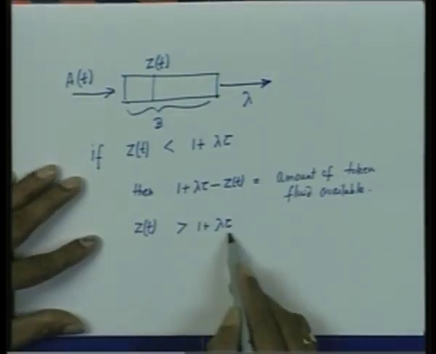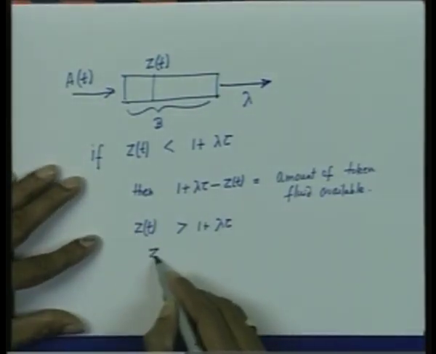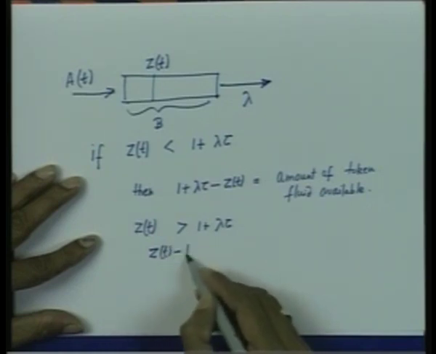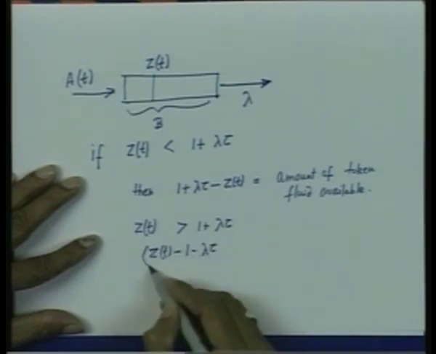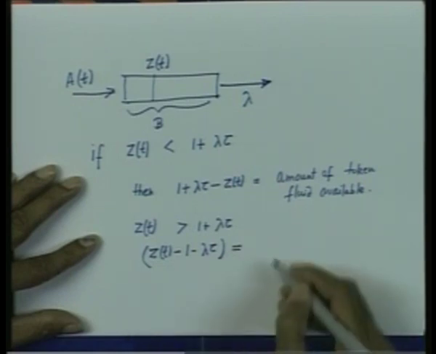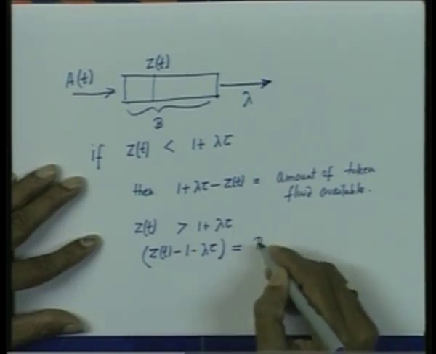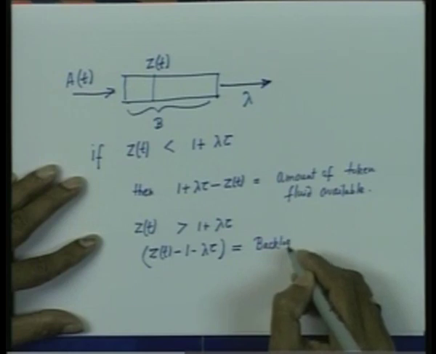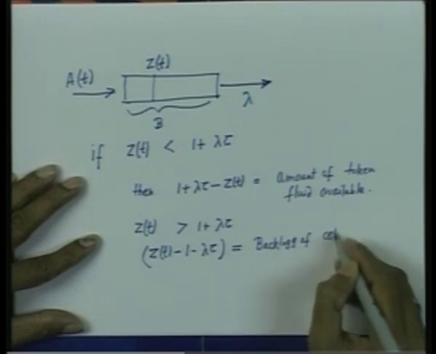Therefore when Z(t) is greater than 1 plus lambda tau, obviously Z(t) minus 1 minus lambda tau, this much amount of cells needs to be backlogged. So this will be the backlog of cells.